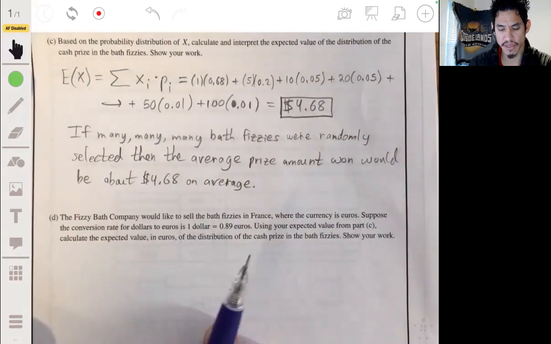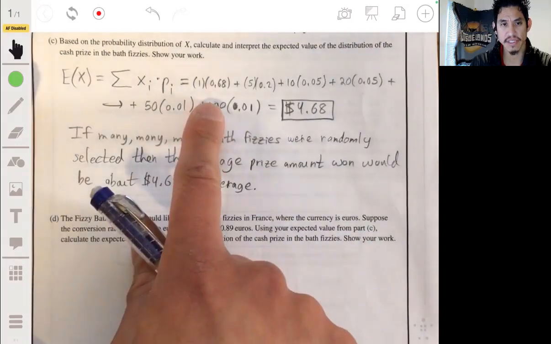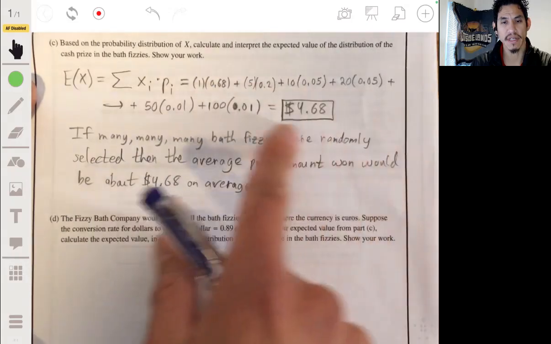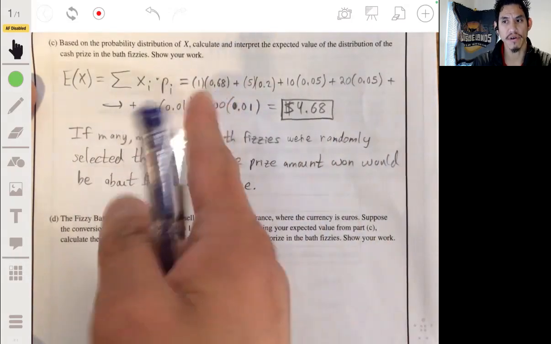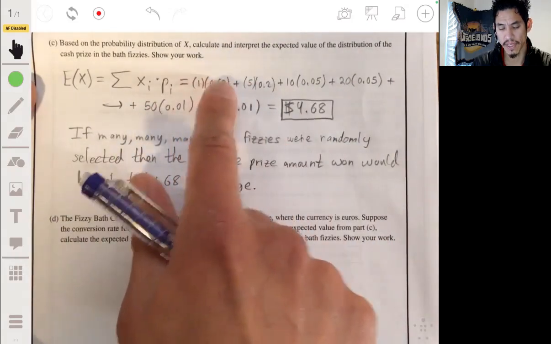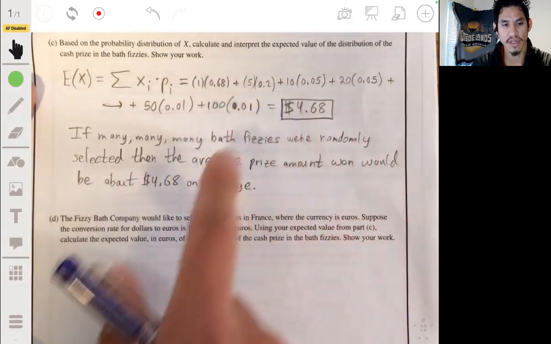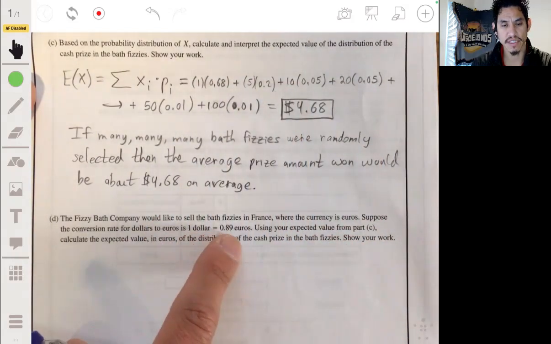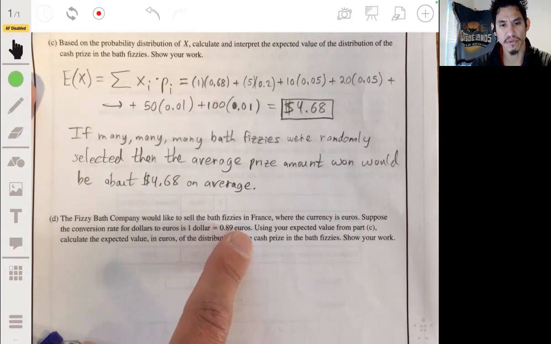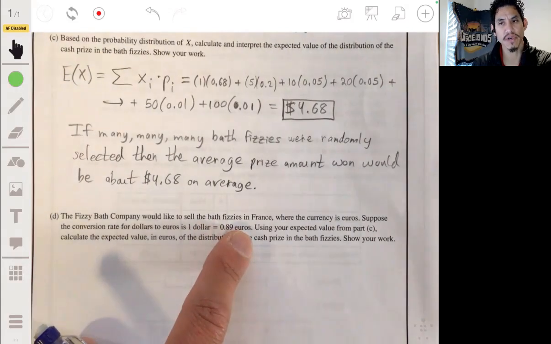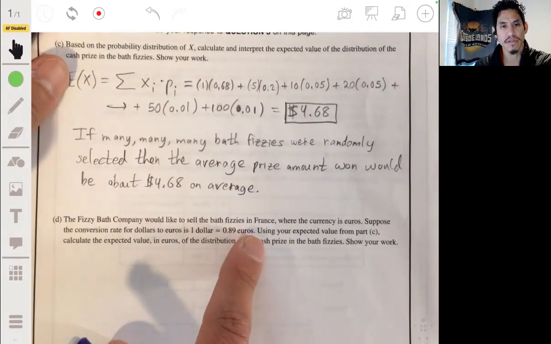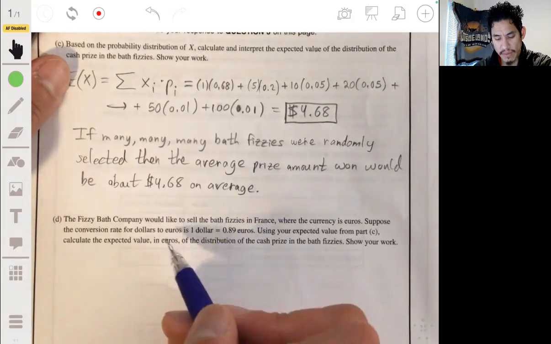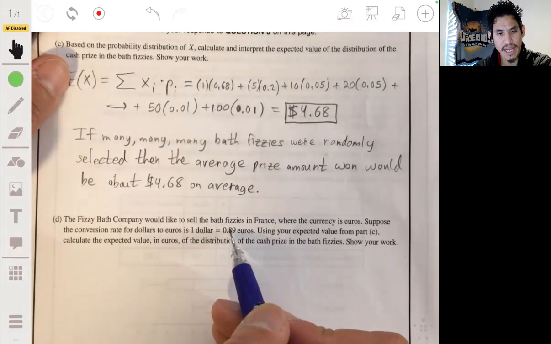Just don't overthink it, because this is just a basic summation of multiplications of these numbers. Since $1 gets converted to 0.89 euros, that means you would multiply $1 by 0.89 to get the amount in euros.